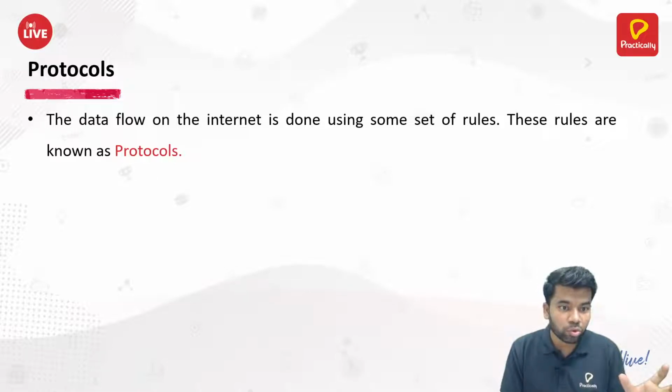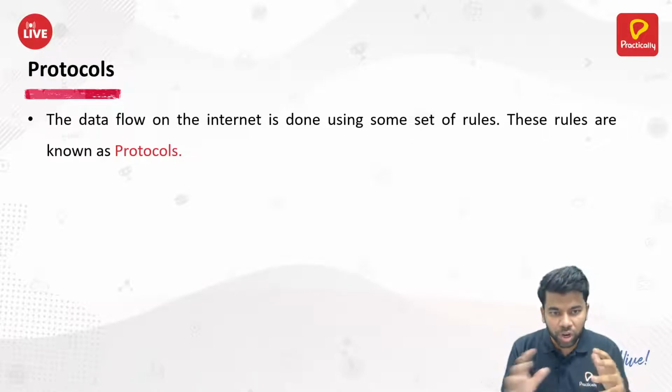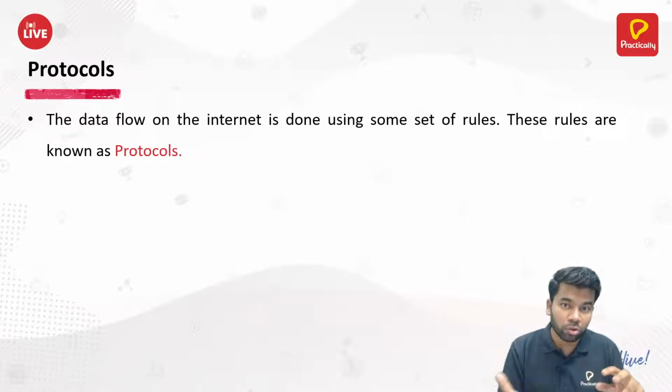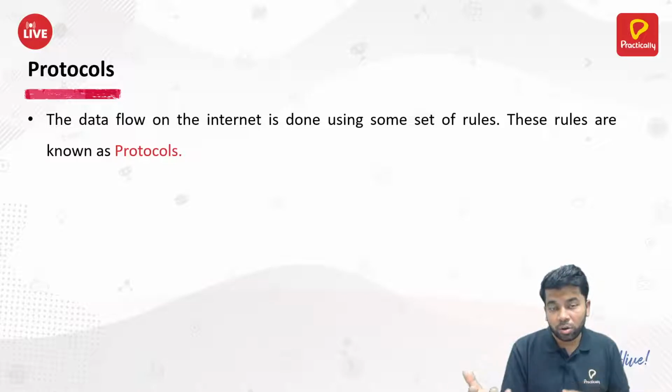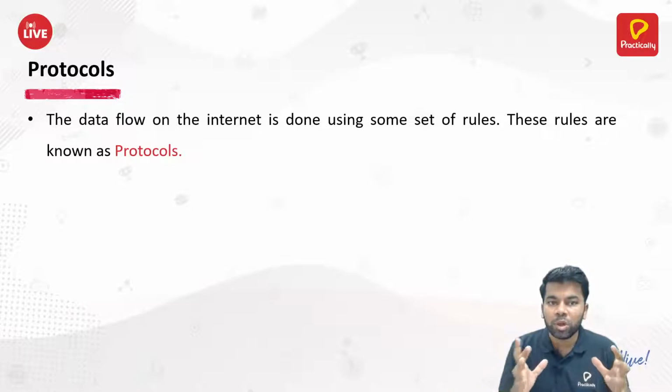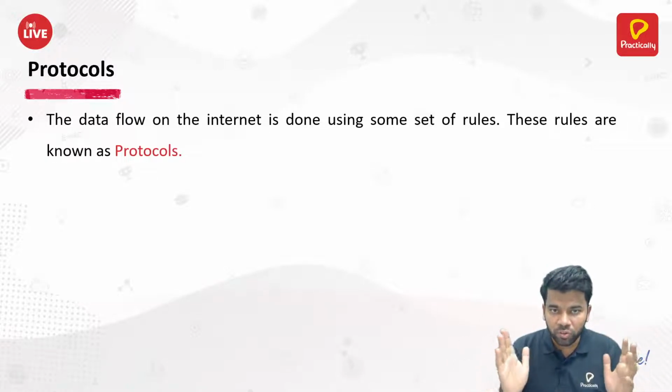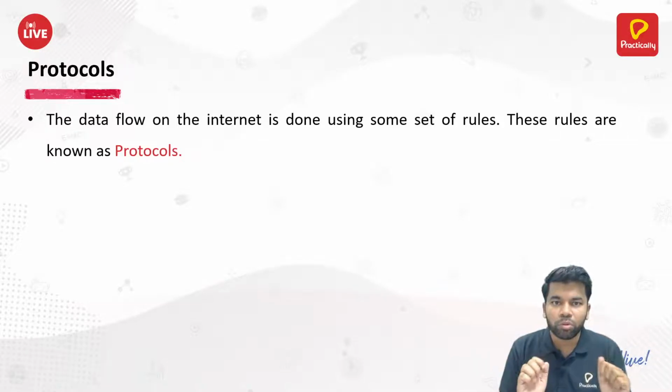They are very important. How data is going to flow, at which speed, where data is going to be stored, how we are downloading the data, all things are happening with the help of some protocols, and all the devices and all the companies around the world follow these rules only. These rules are known as protocols.